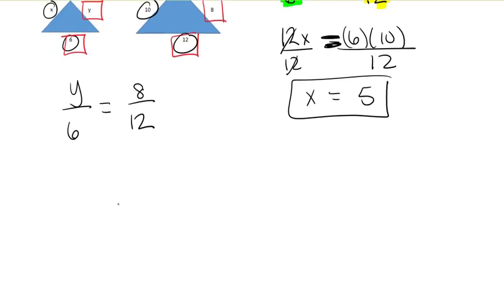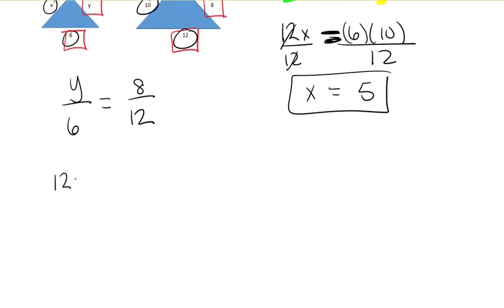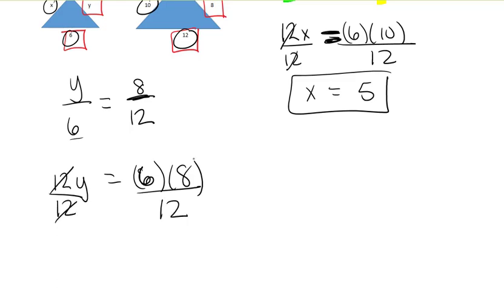So we would go 12 times y, so 12y, which is equal to 6 times 8. Then we need to divide by 12 on both sides. So 6 times 8 is 48, divided by 12 is 4. So we would say y is equal to 4.